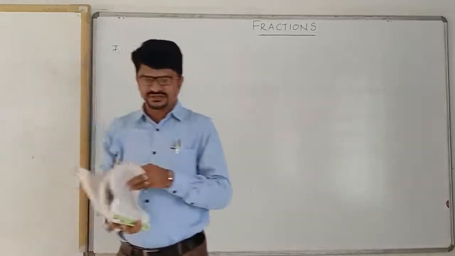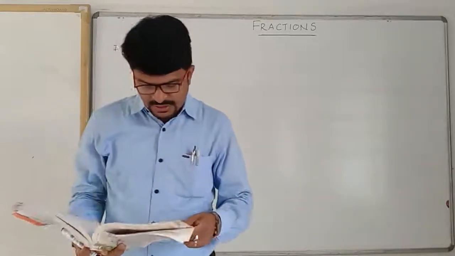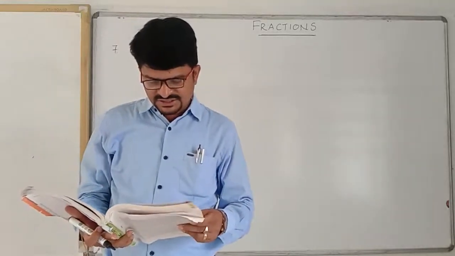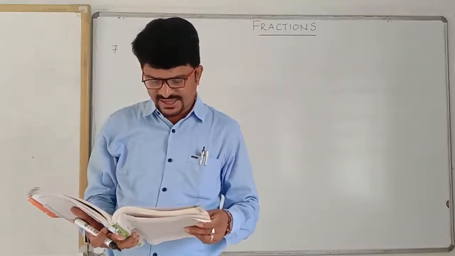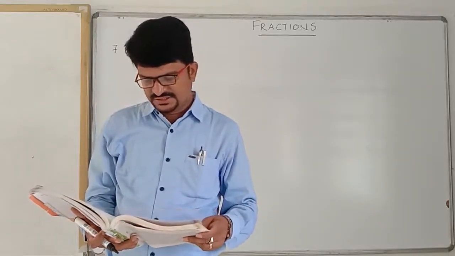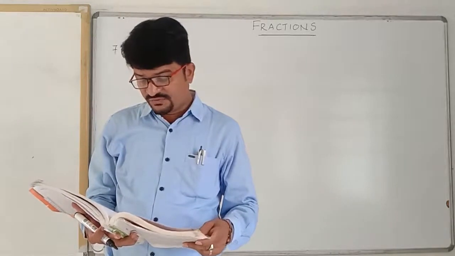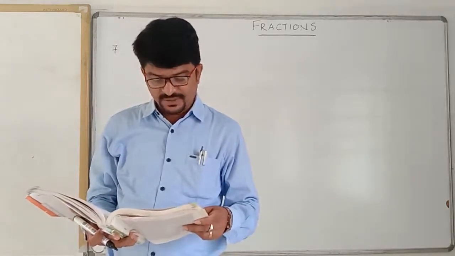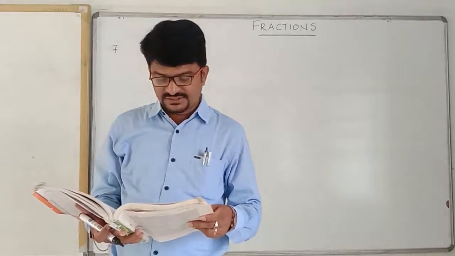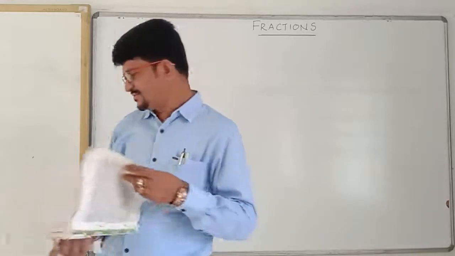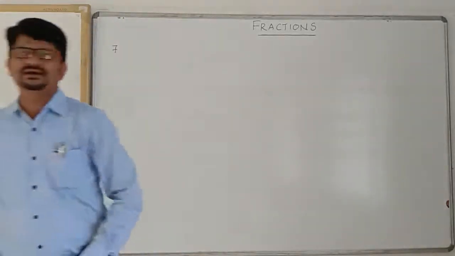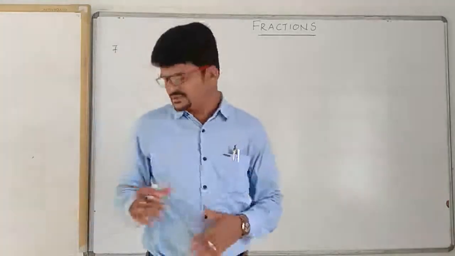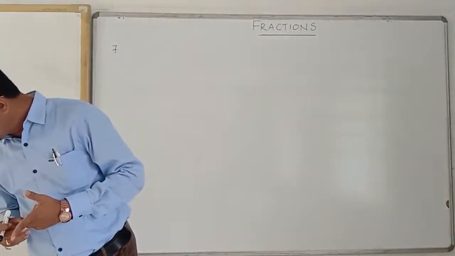I'll read the question. Children, listen to me, all of you. Kanchan dyes dresses. She had to dye 30 dresses. She has so far finished 20 dresses. What fraction of dresses has she finished?